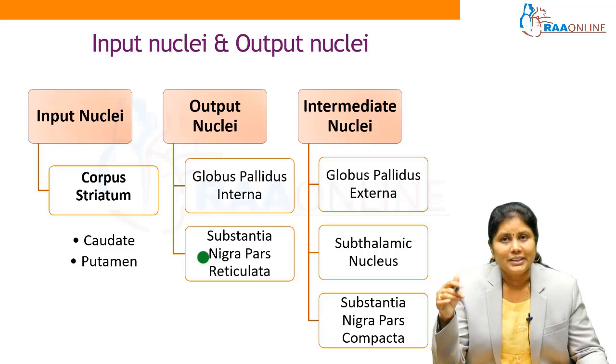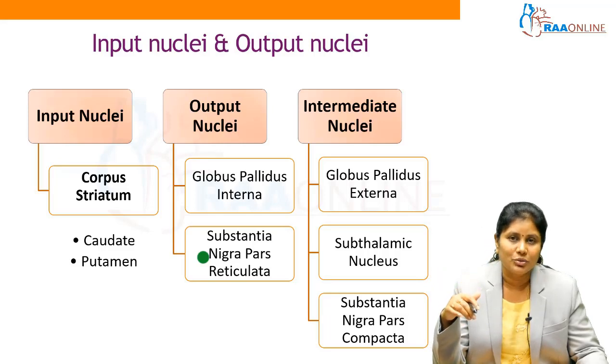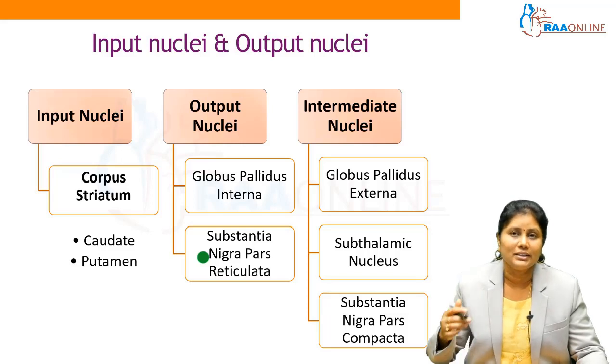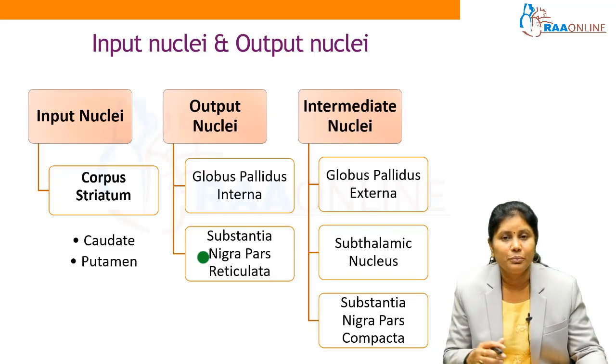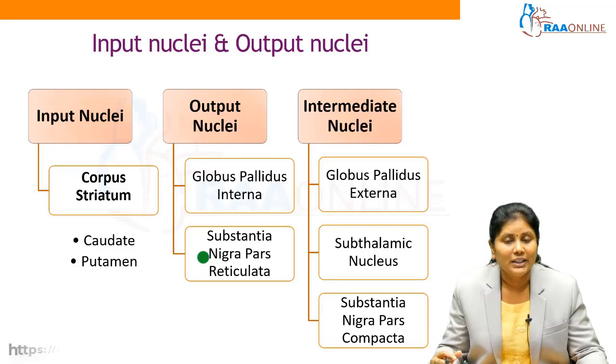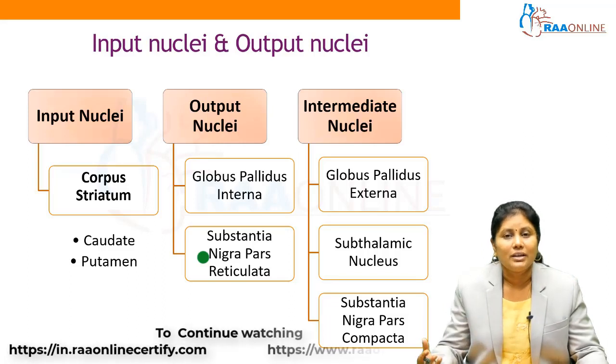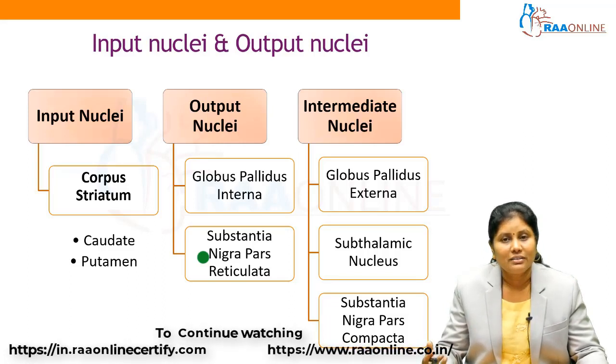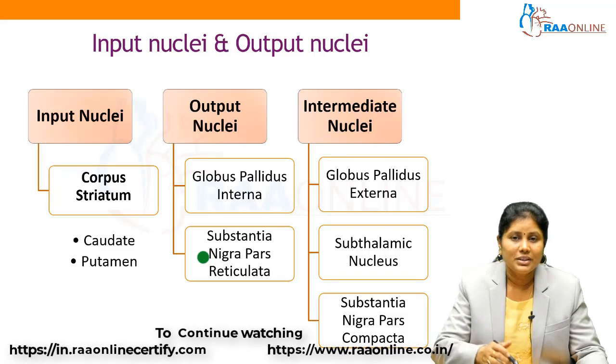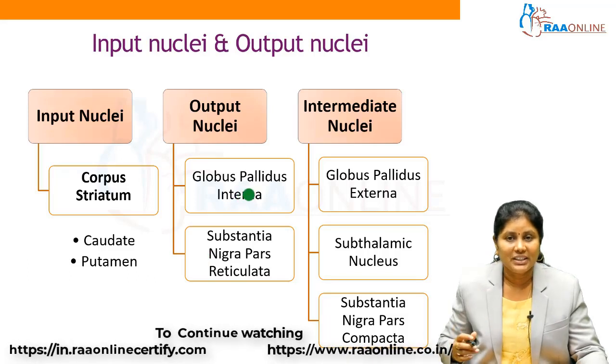Then the other nuclei, the intermediate nuclei like globus pallidus externa, subthalamic nucleus, substantia nigra pars compacta, serve to integrate the various motor impulses within the basal ganglia. So there are internal circuit connections between the input and output nuclei and the intermediate nuclei, and the final output related to the motor activity is executed from the globus pallidus interna segment.